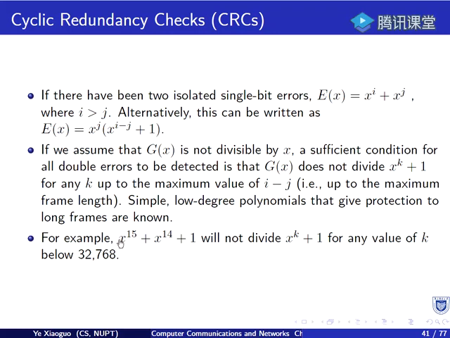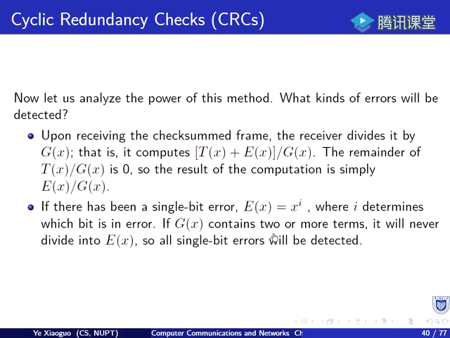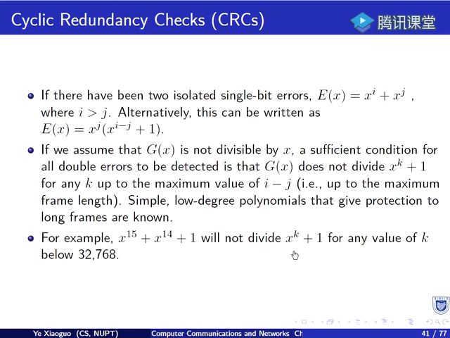For example, this kind of polynomial will not divide x^k plus 1 for any value of k below 32,768. So CRC is suitable to detect a single bit error. This is extended knowledge.